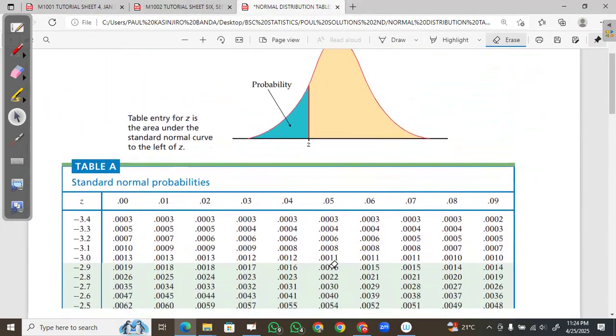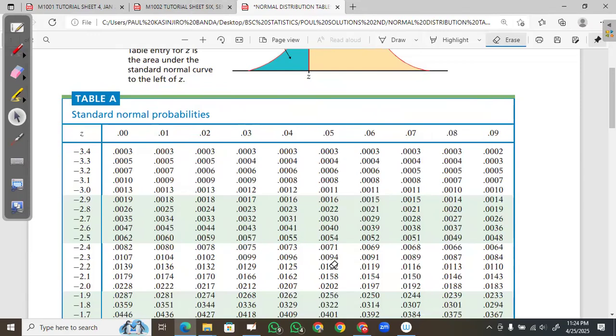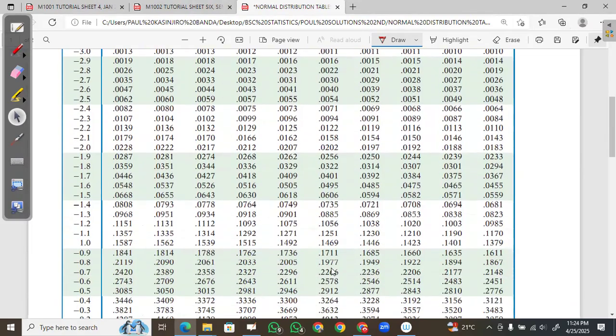Now we can look for 0.1151. Where is it? Not this one. 0.1151 is this value here. So I found it.